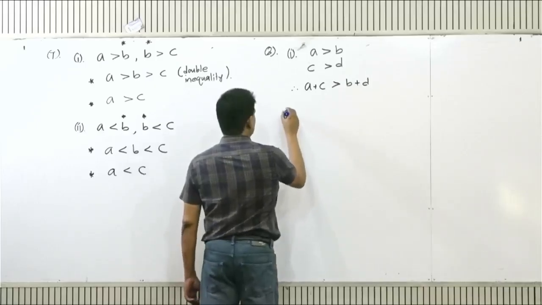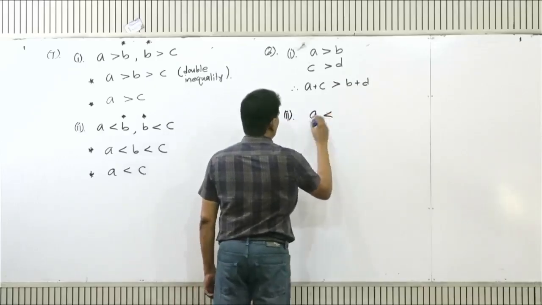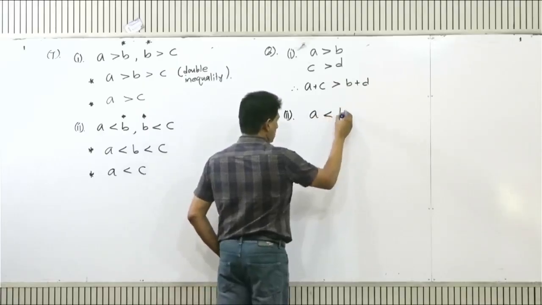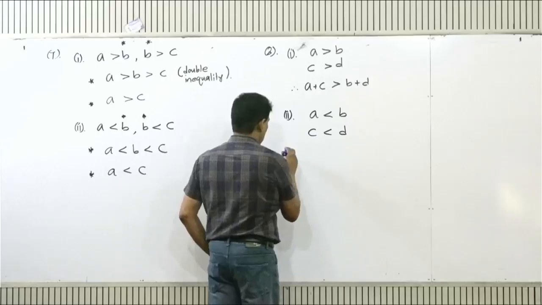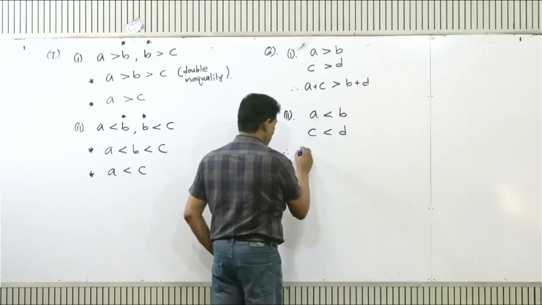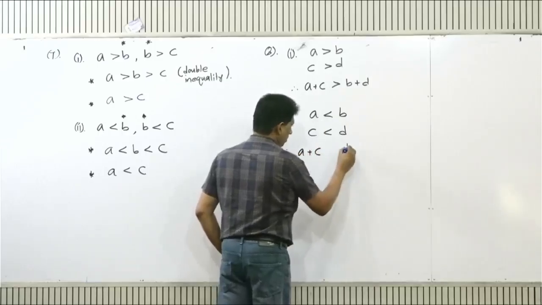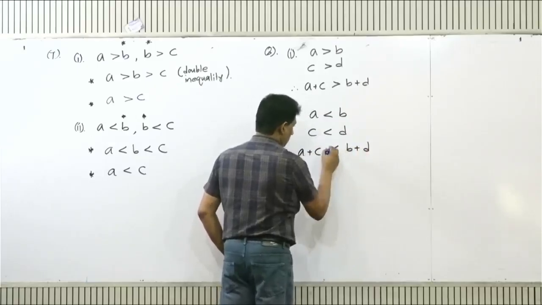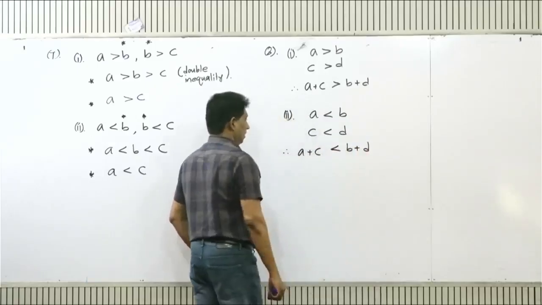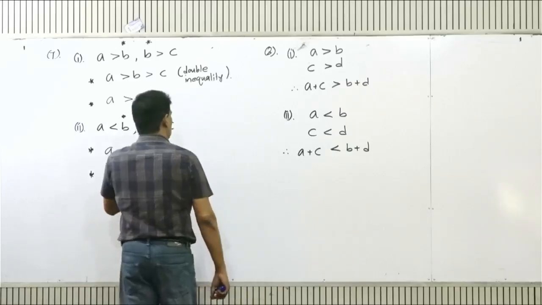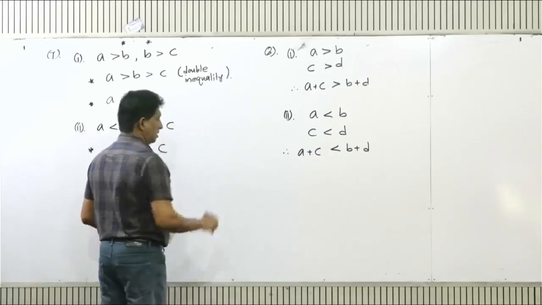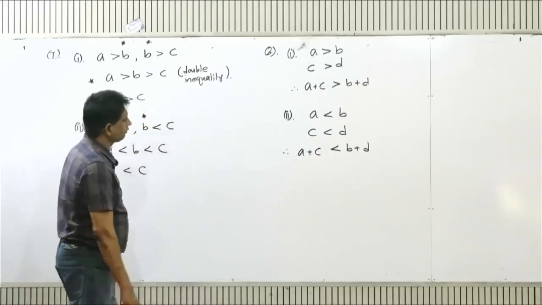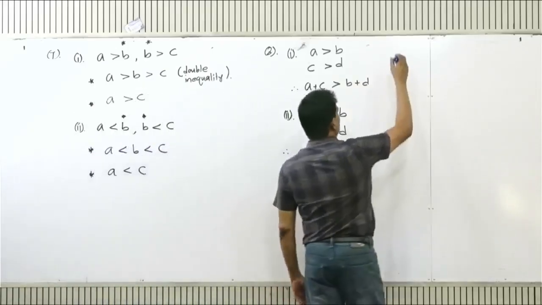Second one, there is an inequality A is less than B and C is less than D. Then we can add these two inequalities: A plus C, here B plus D, the inequality mark does not change. This is the 8th one.